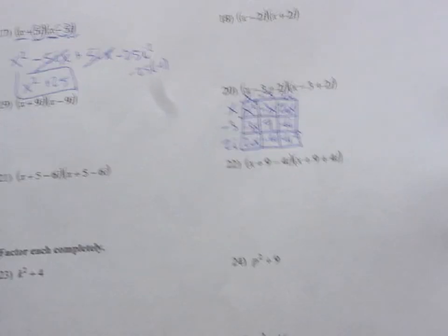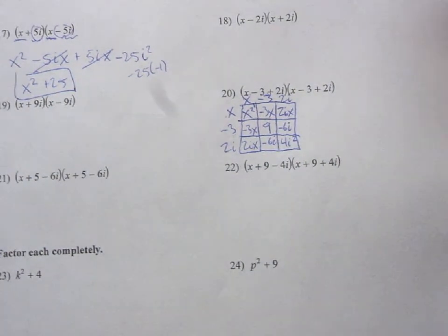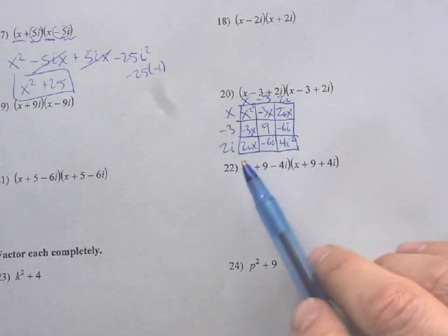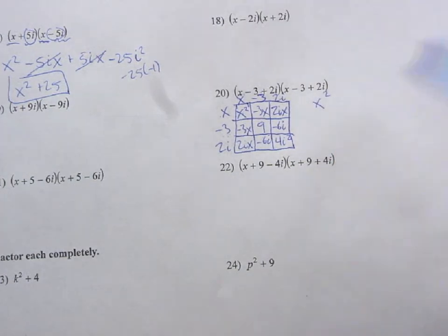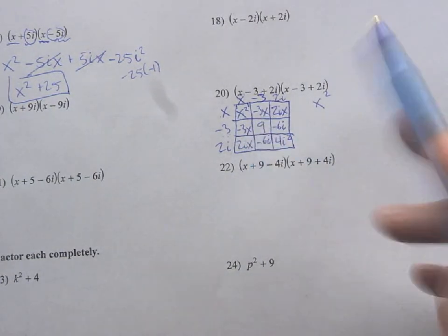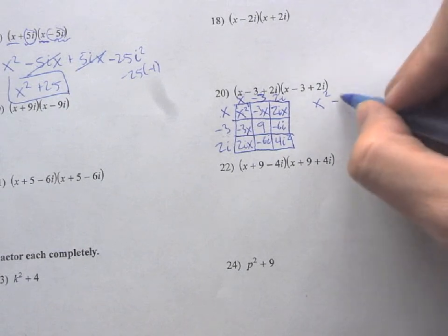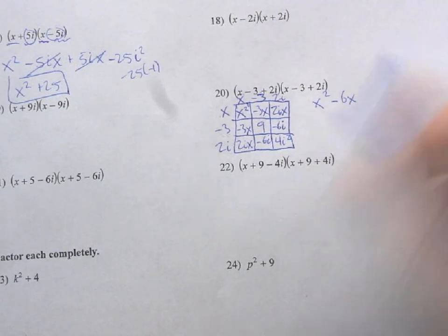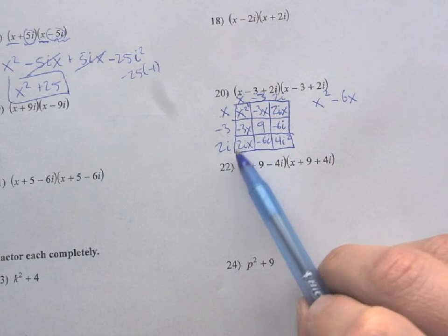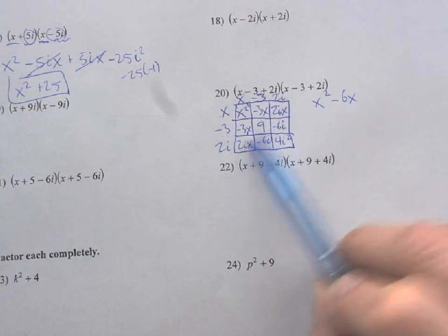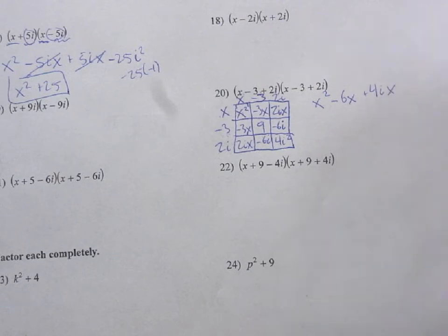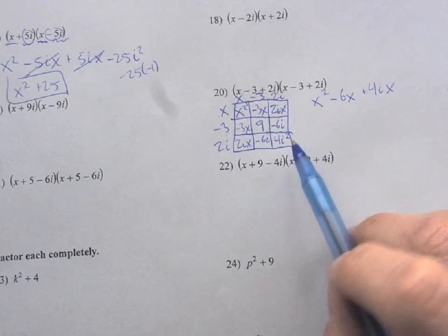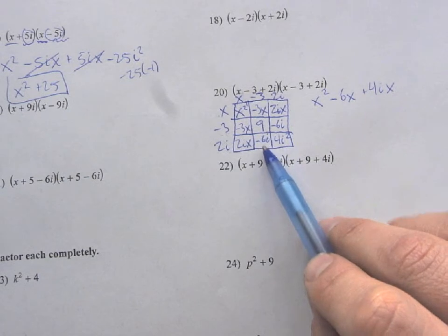Okay, so some of these things will simplify. Some of these things are like terms that we can combine. We got an x squared. We got a negative 3x and a negative 3x. That's going to be a negative 6x together. And then we got some ix's, so we're going to have plus 4ix. And then we're going to have some i's.